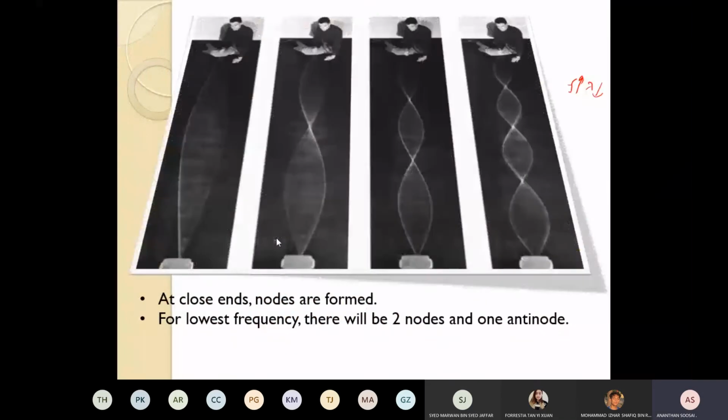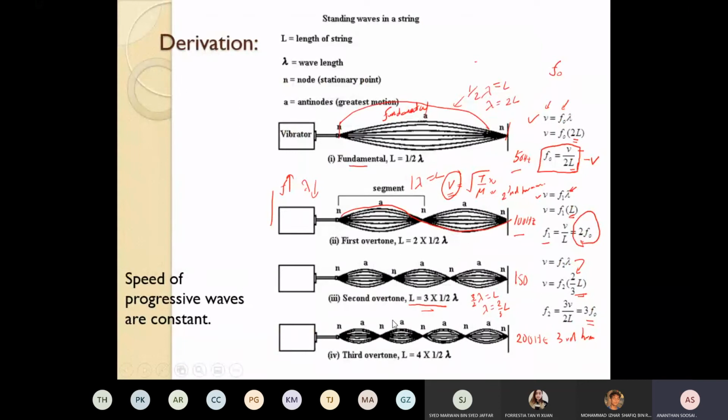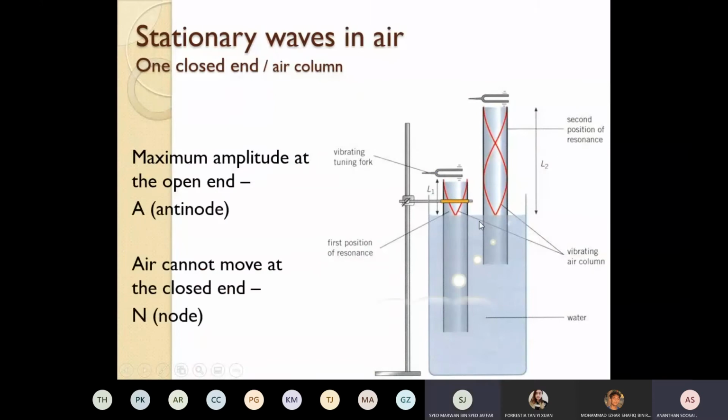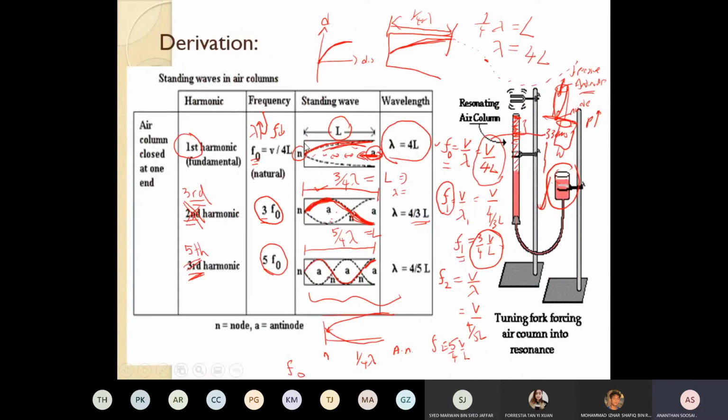This three is the pattern for the string. You see this loop. The edges are nodes, the center is an antinode. Edges are always nodes. But for a closed pipe, the closed end is a node, the open end is an antinode.